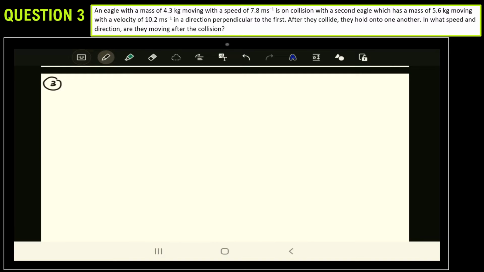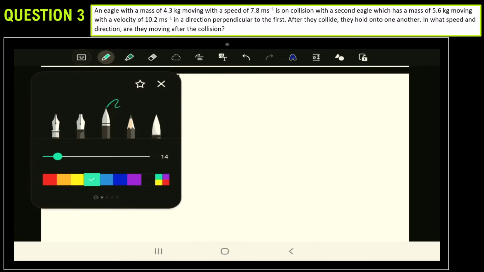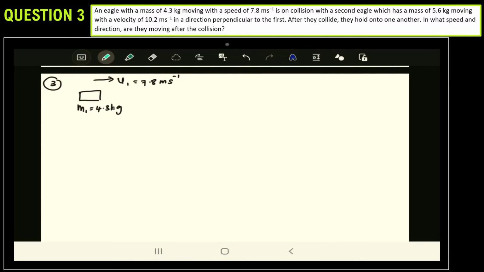Okay, that is the important part. So let's say we have the first eagle. This is the first eagle, where the mass of the first eagle is given as 4.3 kg, and it's moving in this direction with a speed of 7.8 meters per second. Please highlight the second part, where the second eagle is moving in a direction perpendicular to the first eagle, in this direction.